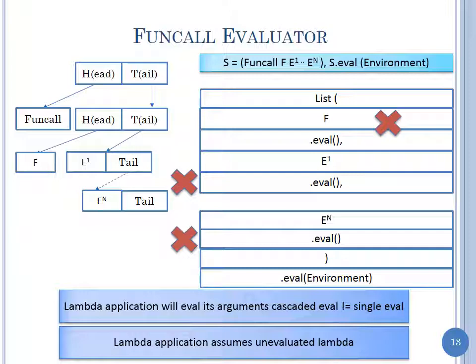So we saw this problem, and we said that we don't do e1.eval, we don't do en.eval. And then based on something that Robert said, I said that we have to evaluate f, but we can't just give it to the lambda application evaluator, because lambda application assumes an unevaluated lambda.